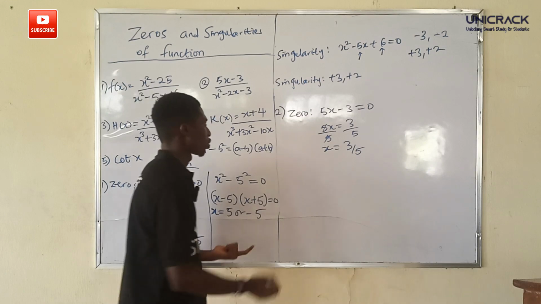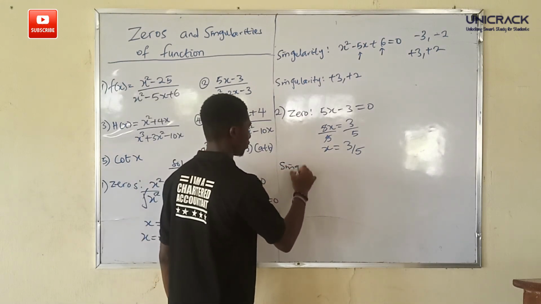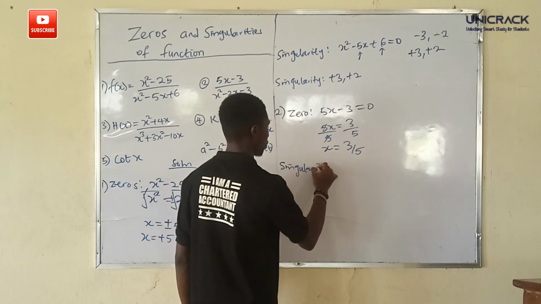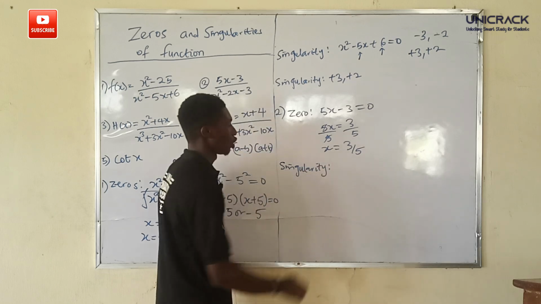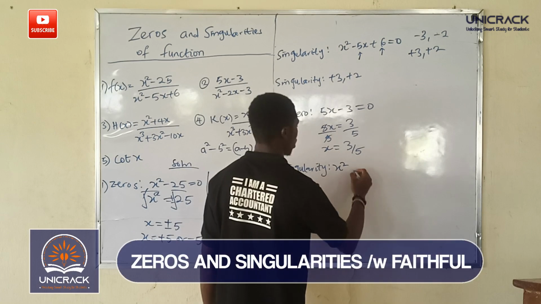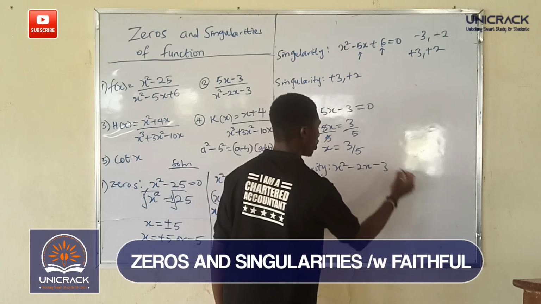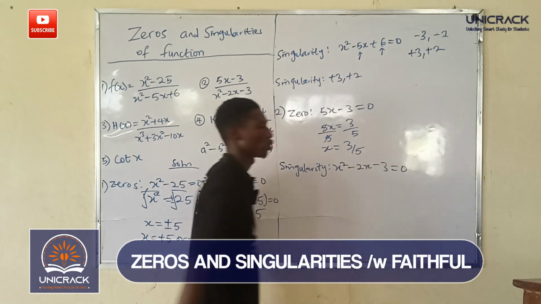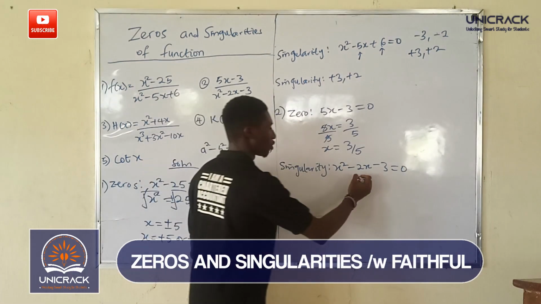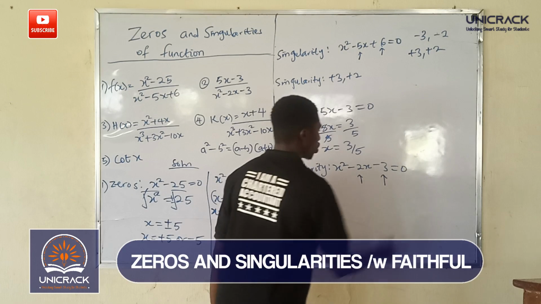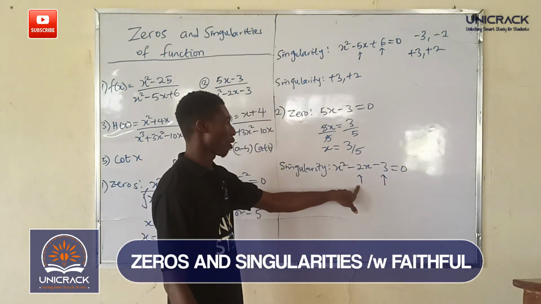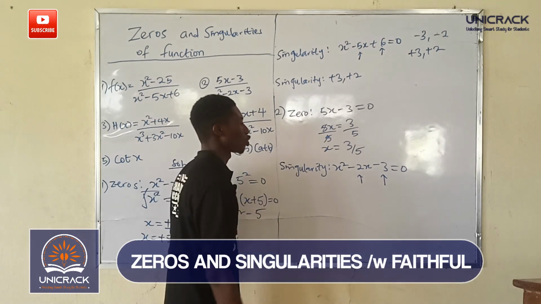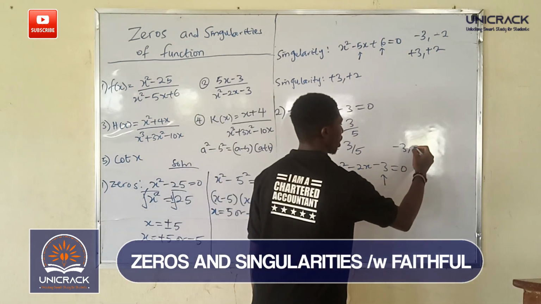Now, to get the singularity of the function, we'd have x squared minus 2x minus 3 equated to 0 also. The same process: sum of the roots, product of the roots. So those numbers will be negative 3 and positive 1.